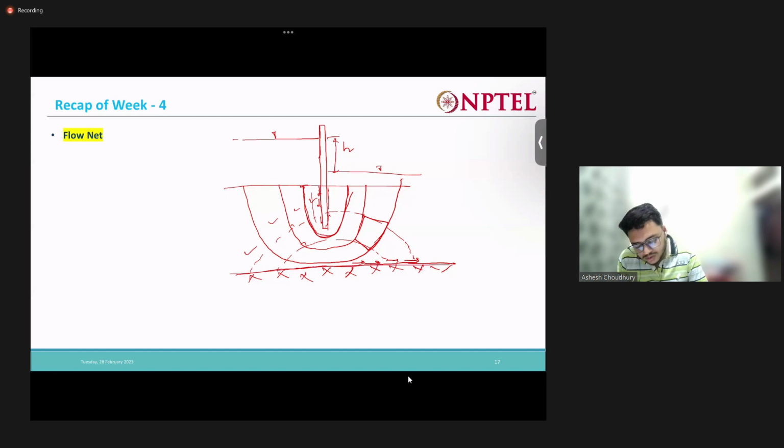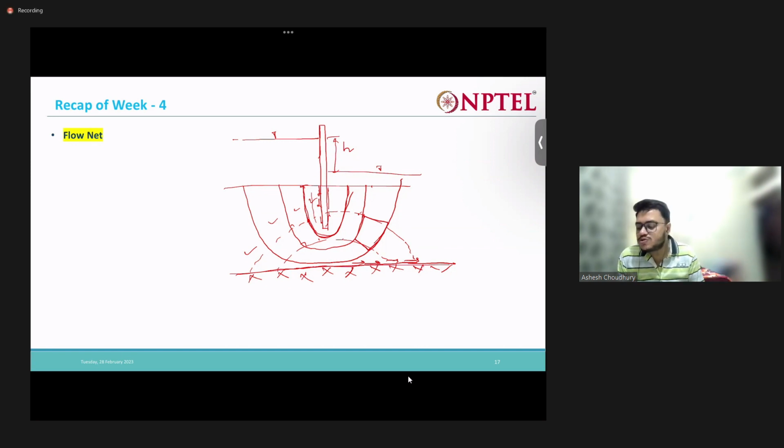See, here to here there will be 1 drop, 2 drops. Here from here 3, 4. Total 4 drops will be there, right? So we have drawn the flow net. Then from there we can find out the total number of equipotential drops and the total number of flow channels.